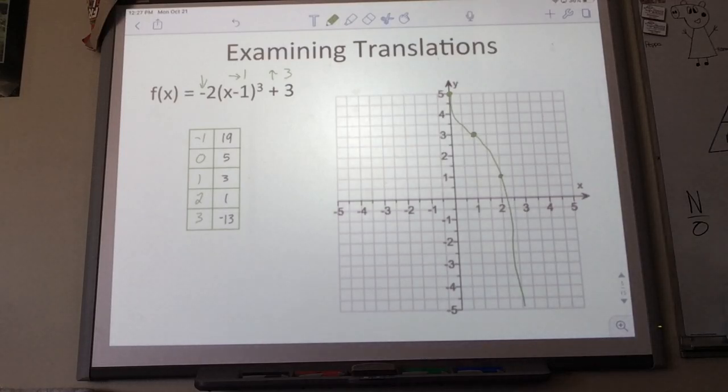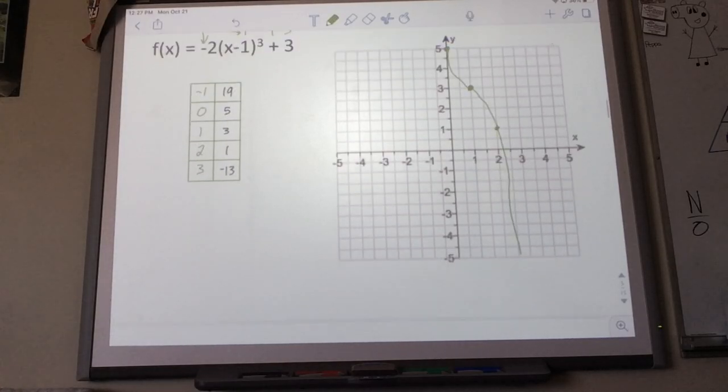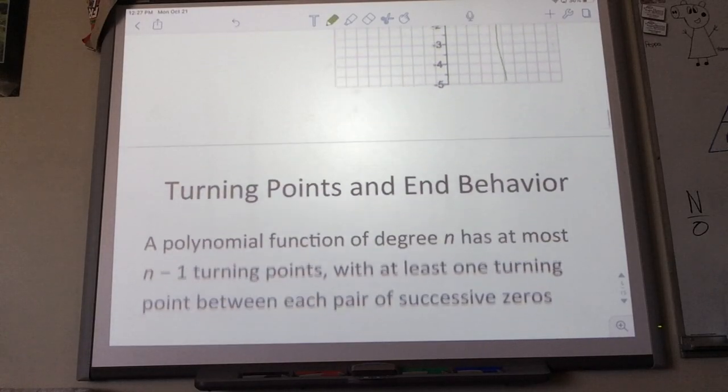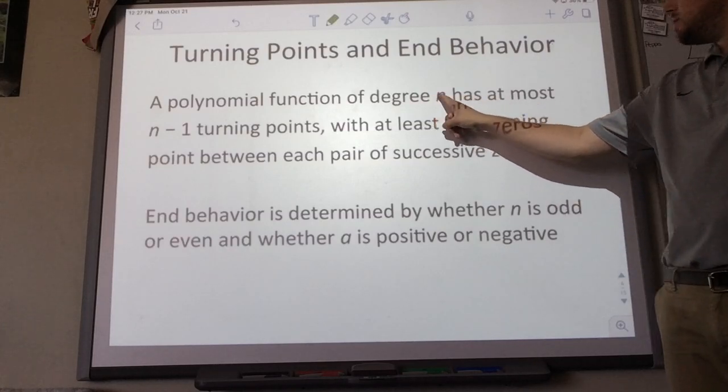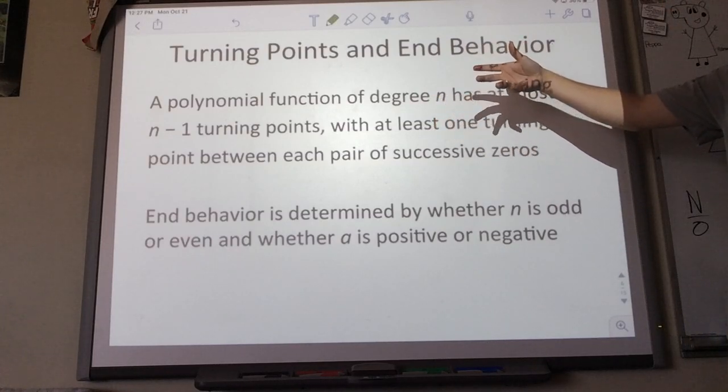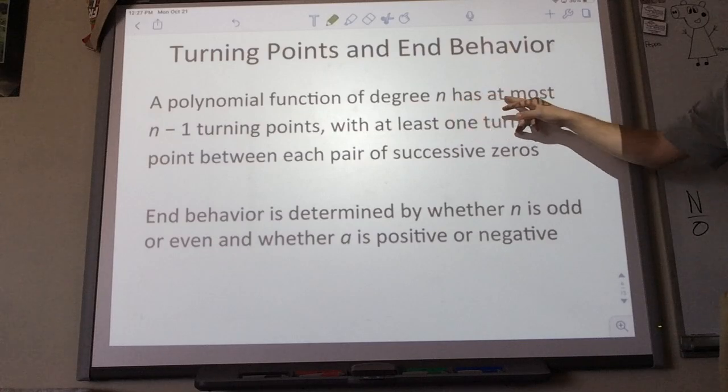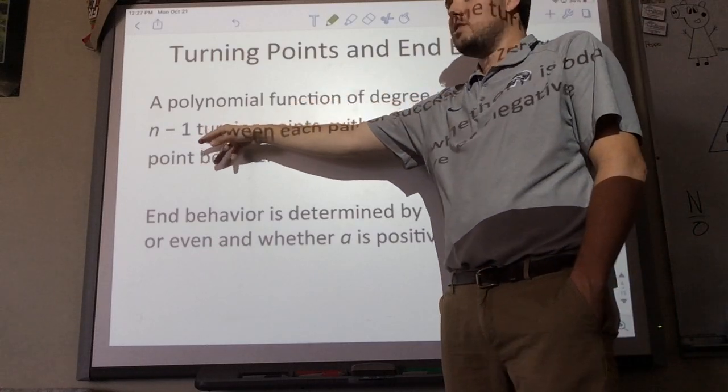So this is very similar to what we've done for a few years, actually. So today we're going to add on a little bit more, and that is turning points and end behavior. Okay, so a polynomial function of a degree n, so n meaning the highest exponent, has at most n minus 1 turning points.